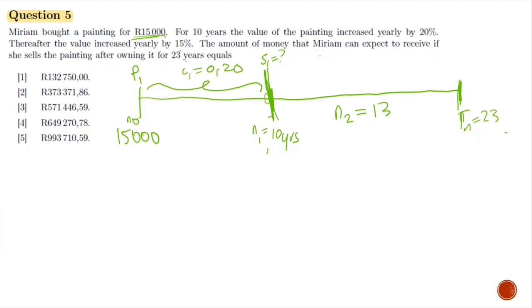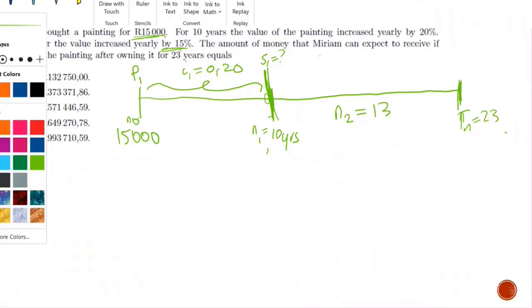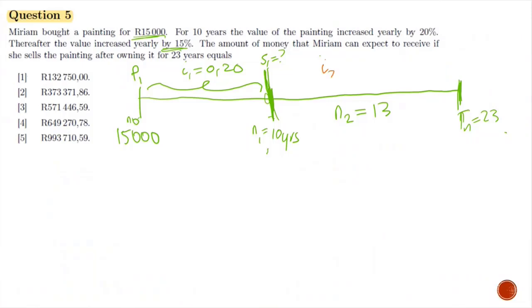That will be your second part. Now you are told that the interest rate thereafter increases again. You've got your second interest rate here, which is 0.15.